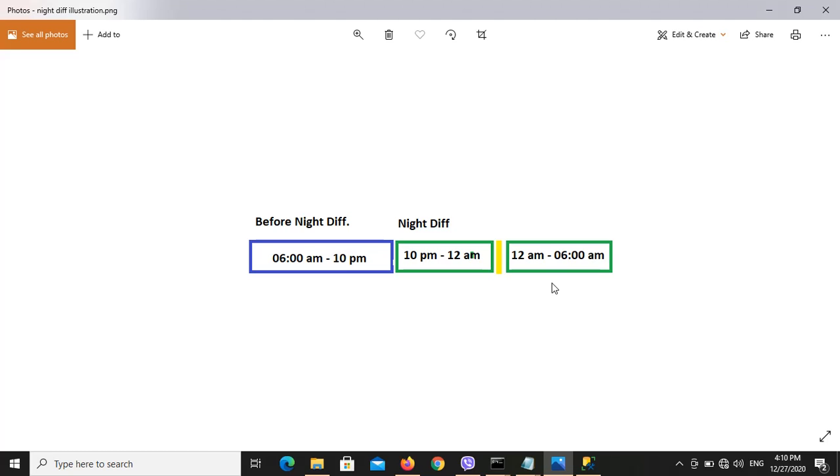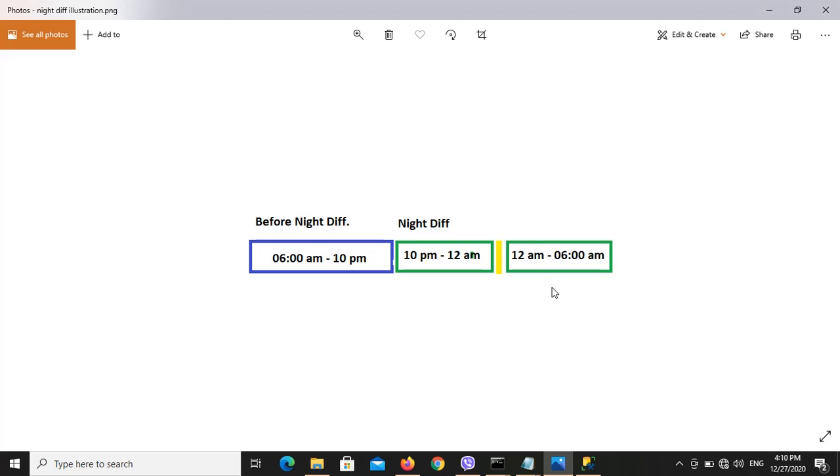Maybe it's not a regular day anymore. It can be that on the next day, it's already the rest day of the employee. And also possibly the next day will be a holiday. It can be a special holiday or a regular holiday. So the thing here is it's already on a different date.